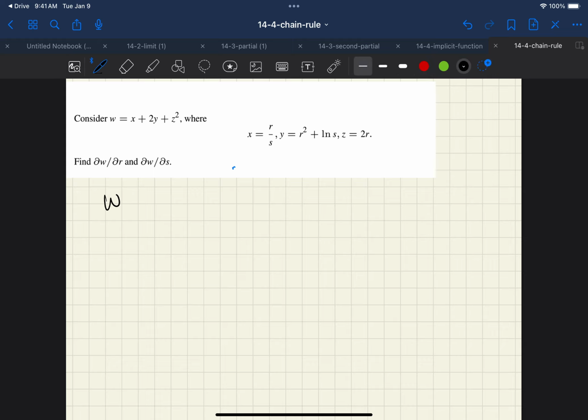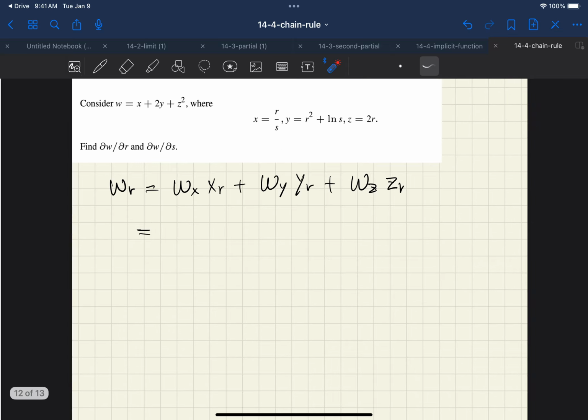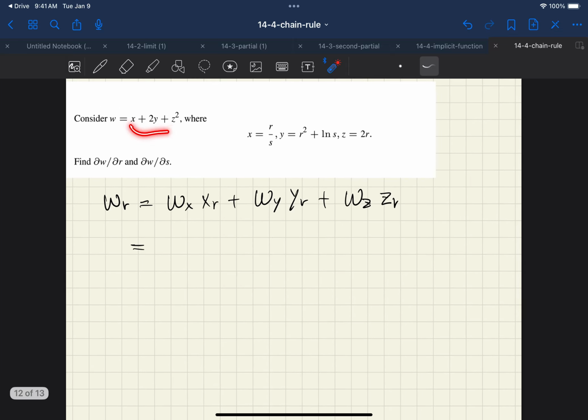So when I look at wr, we can use that diagram, immediately look at wx xr plus wy yr plus wz zr. Now what is wx? Here only this is variable, other things are constant. Constant prime is 0, so this is 1.